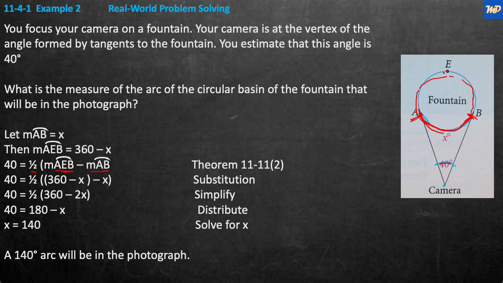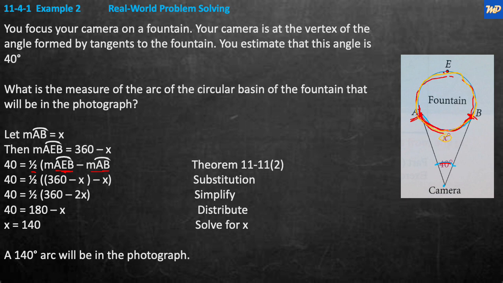So now we'll do some substitution from theorem 11.11-2. 40 is equal to 1/2 of 360 minus x. So this part up here, I'm going to change colors again. Let's change to yellow. The part up here, all the way around up here, is equal to what? It's equal to 360 minus x.